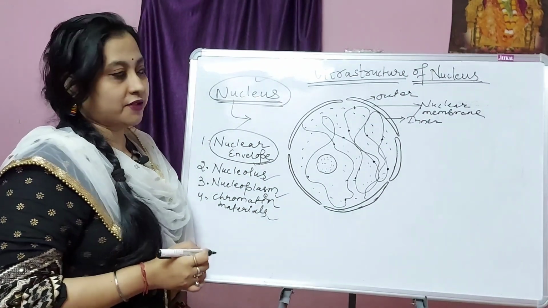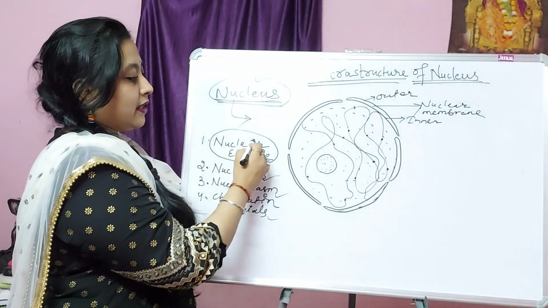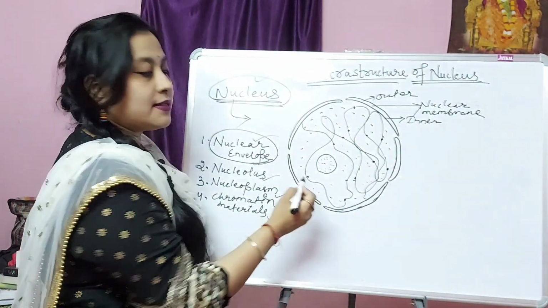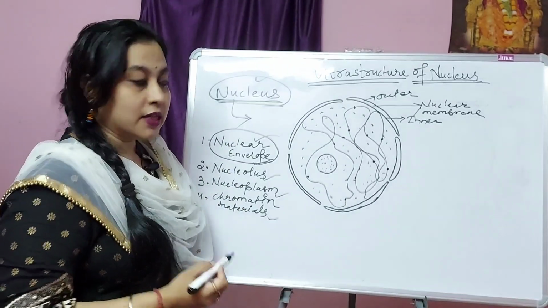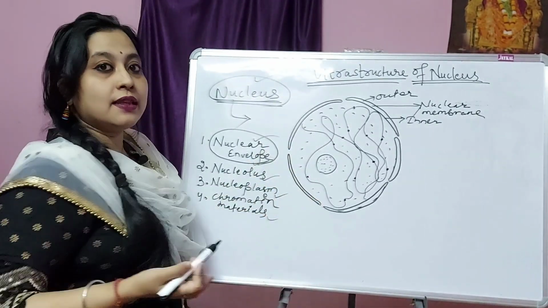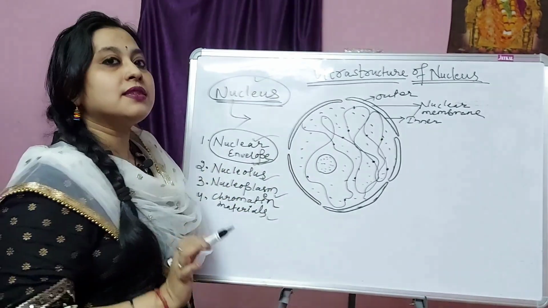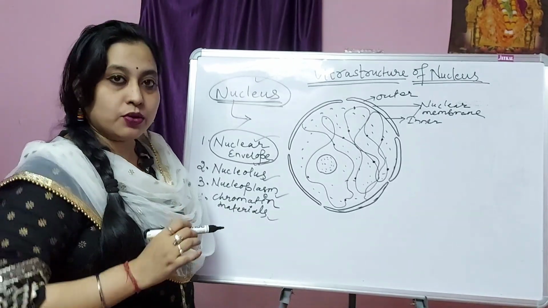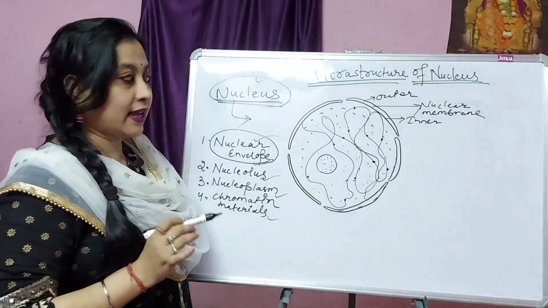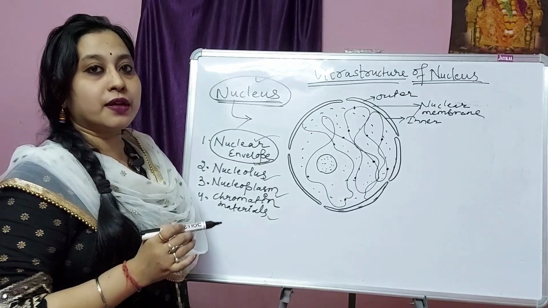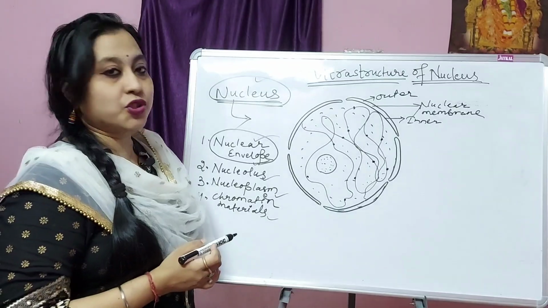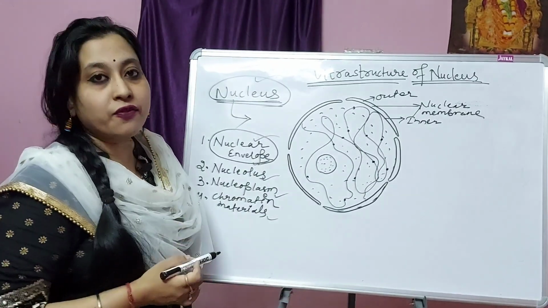What is the role of this nuclear envelope? It separates the nucleus from the outer surrounding. The outer surrounding means this nucleus is present inside the cell. This nucleus is found in all eukaryotic cells, with some exceptions: in mammalian erythrocytes (RBC) the nucleus is absent, and the mature sieve tube of plants is also devoid of a nucleus.